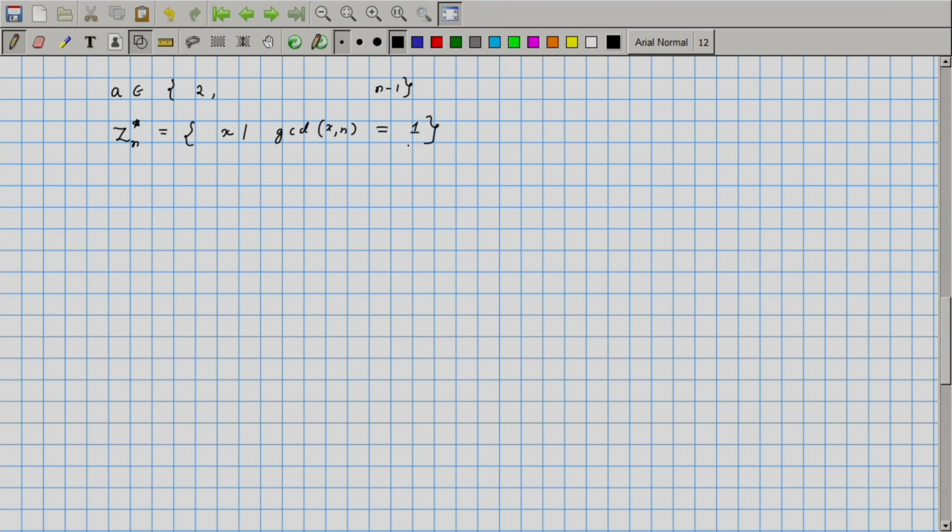We will assume that x belongs to the set 1 to n minus 1. So take all these elements, that is your Zn star, and what we will show is that the set of false witnesses is a strict subgroup of Zn star. So that is our line of attack.